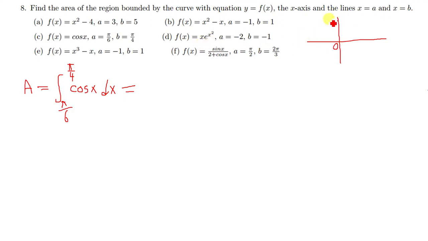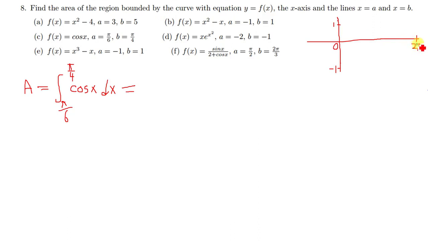We know that our amplitude there is just 1, and our period is equal to 2 pi. So how is this going to move? I'll put 2 pi there.